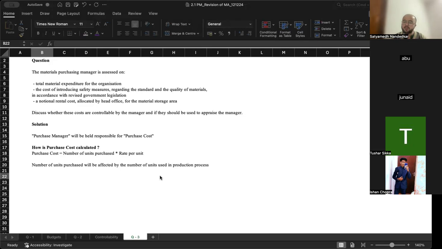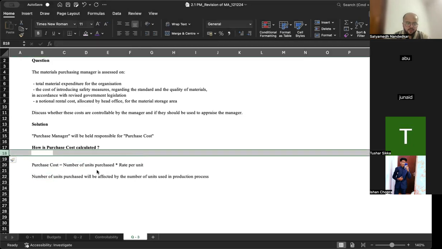But for number of units purchased, you cannot hold him accountable, because number of units purchased depends upon how many units were used in production. And how many units were used in production is the responsibility of the production manager, not the purchase manager. Now, the total material expenditure of the organization he should not be held accountable for.